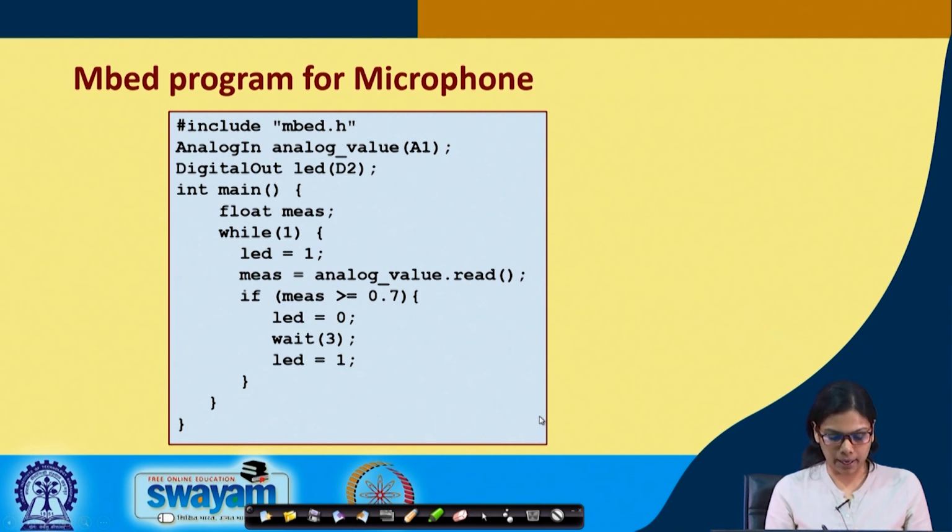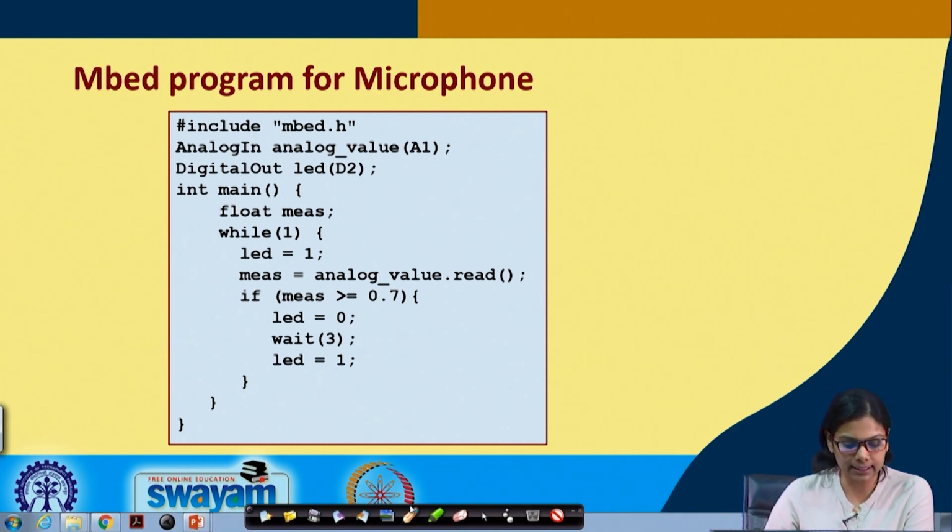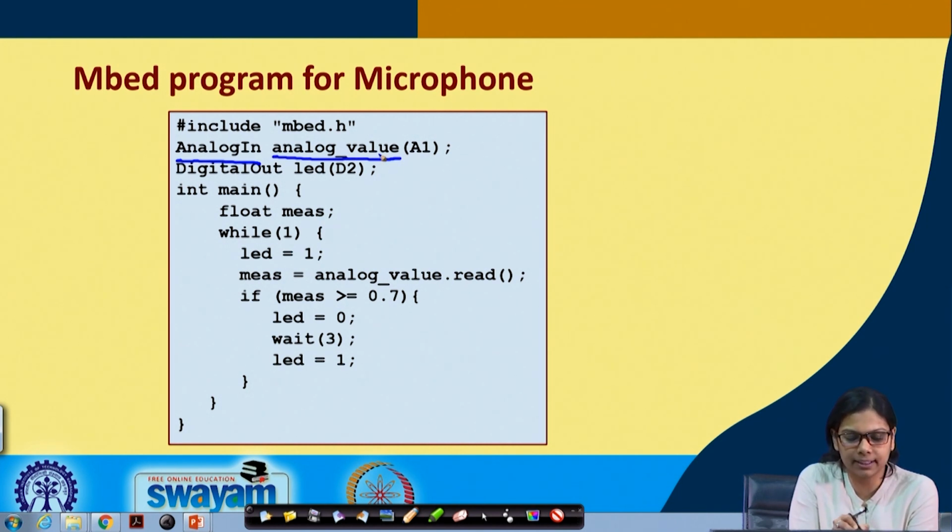This is the program that is basically used here. AnalogIn, we have given the name analog_value, this is the A1 value. This is the DigitalOut, we call it LED, which is connected to D2. In the main program, in the while loop, initially we are sending LED value 1.